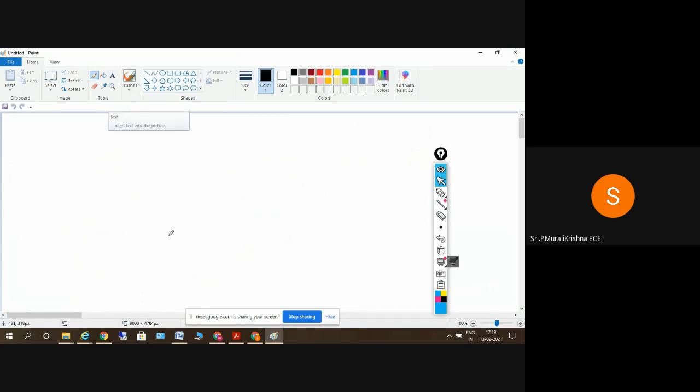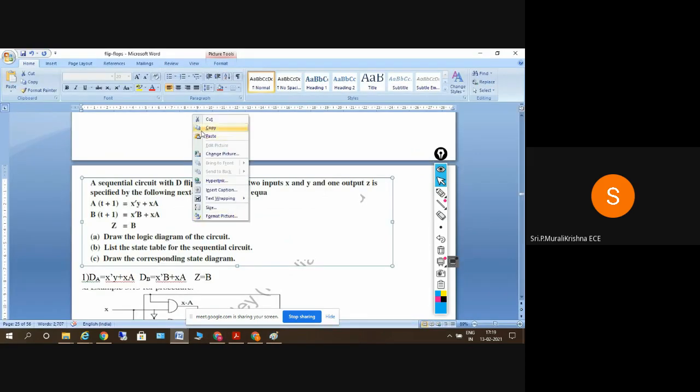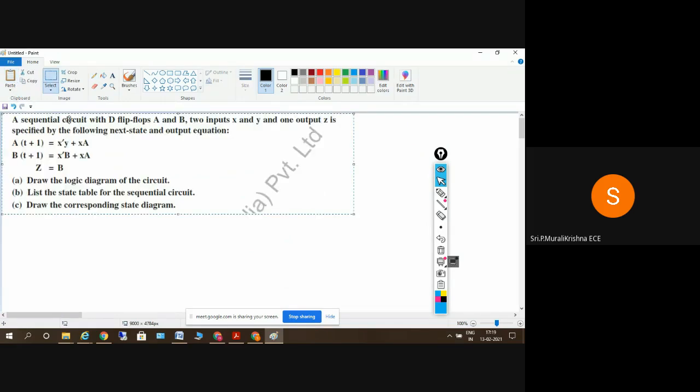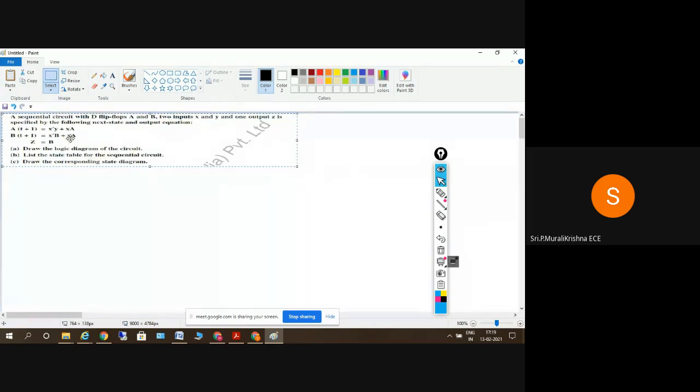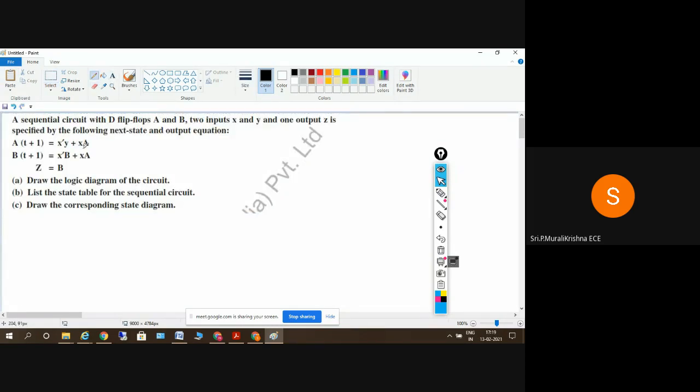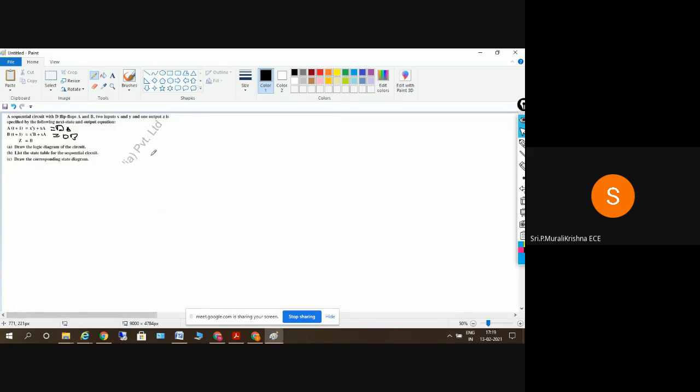Right. So logic diagram. So wait a minute. So A of t plus 1 is equal to x bar y. Okay. So hence that is equal to DA, and we have DB also. We will be having two flip flops here. Okay.